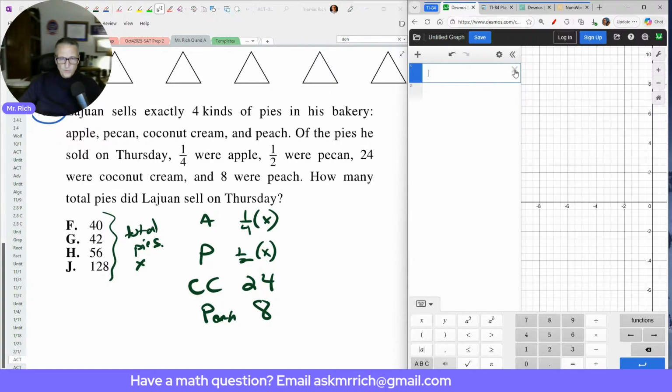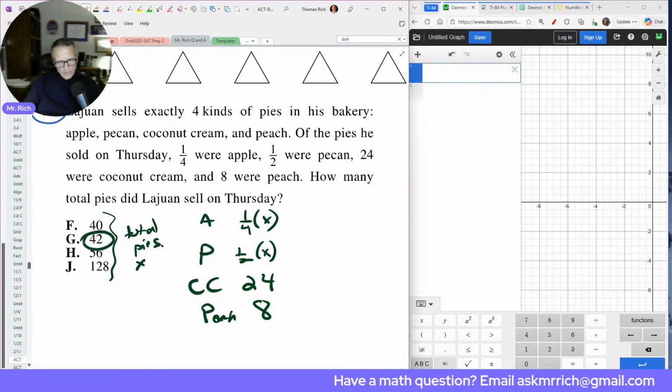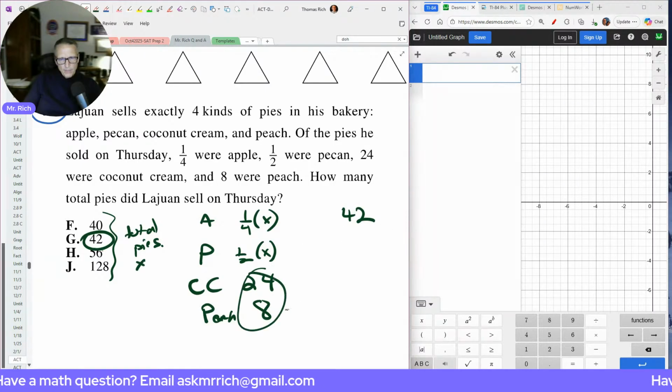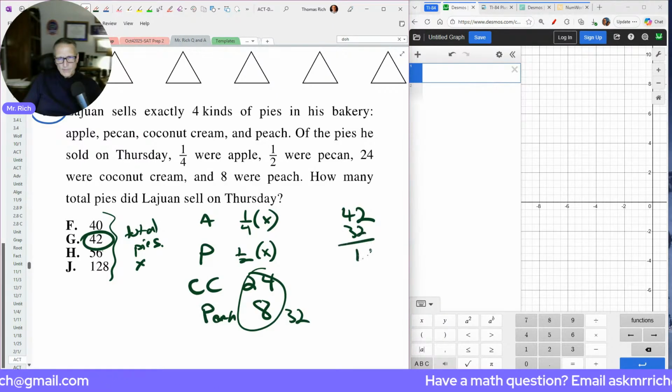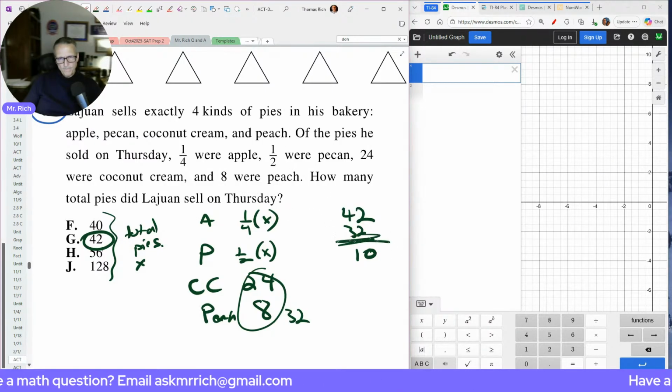What I'm going to do is say, well, gee, let's start with 42. Let's see if that works. If he did sell 42 pies, I've got to take away 32. Those are fixed numbers. Okay, that leaves me 10 pies left. Now, 1/4, let's do it this way.